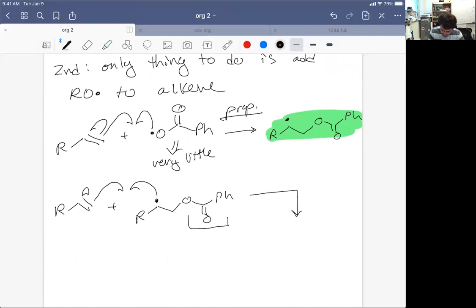I'm going to change my benzoyl group to R so that I now have an OR group attached to one end. So I have my OR group, and now I'm going to form a new bond coming up to what is the less substituted position of an alkene, and we put the radical at the more substituted position. So this red bond is a new bond.